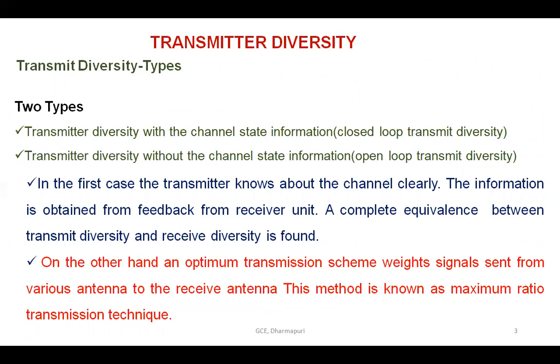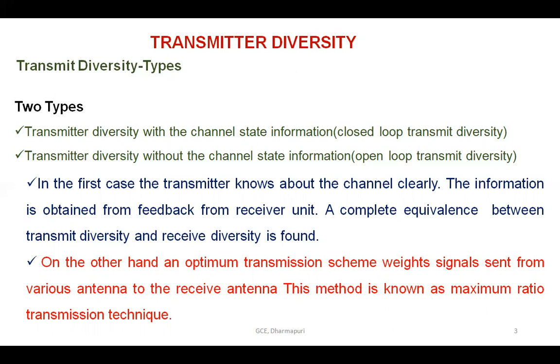Next is transmitter diversity. It has two types: transmitter diversity with channel state information, which is closed loop transmit diversity, and transmitter diversity without channel state information, which is open loop transmit diversity. In the first case, the transmitter knows the channel clearly, and the information is obtained from feedback from the receiver.